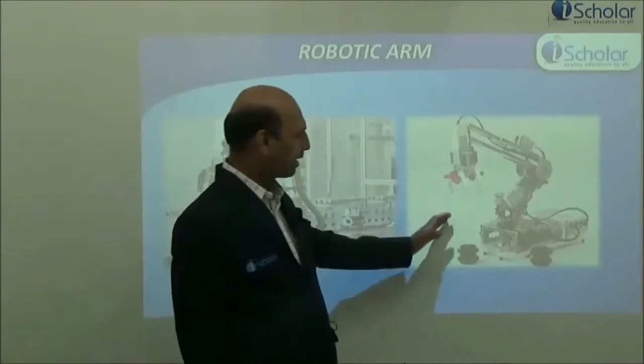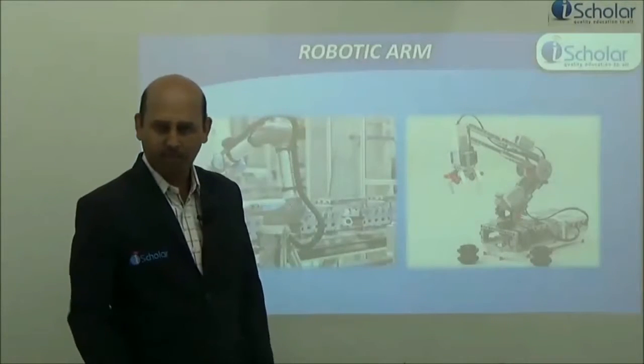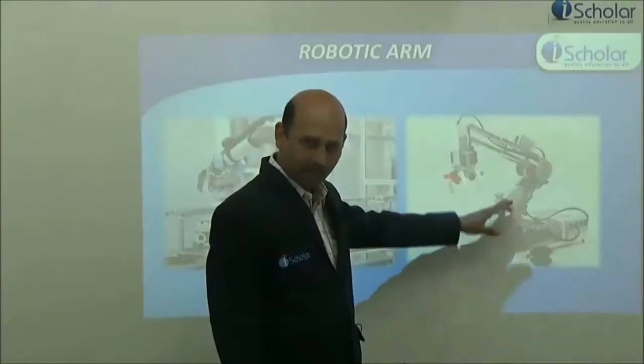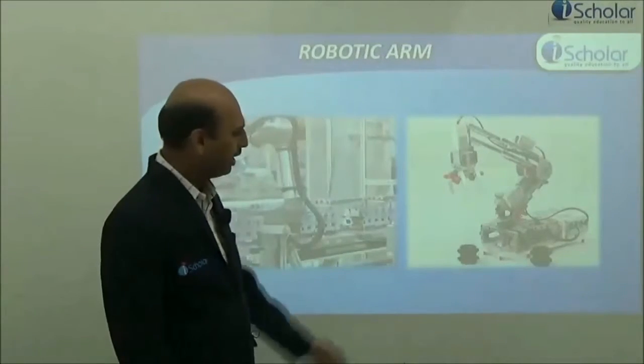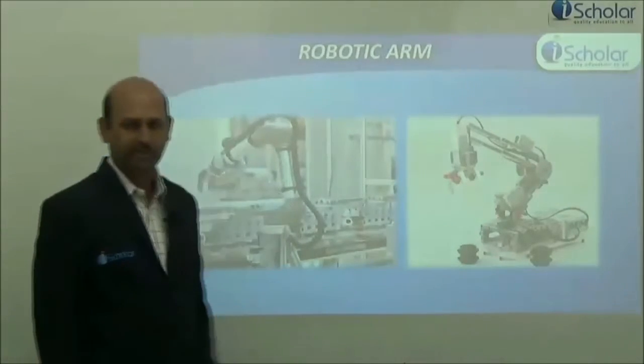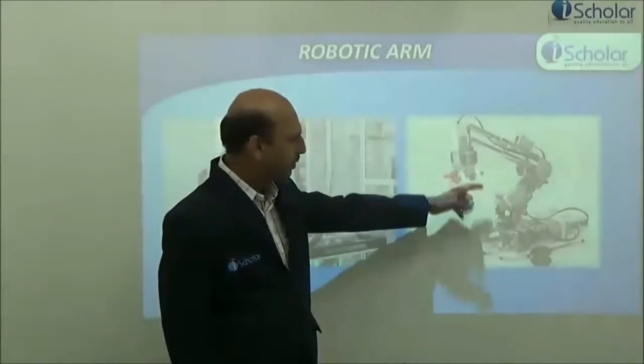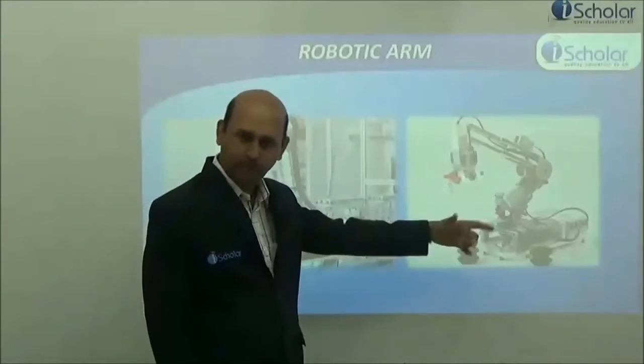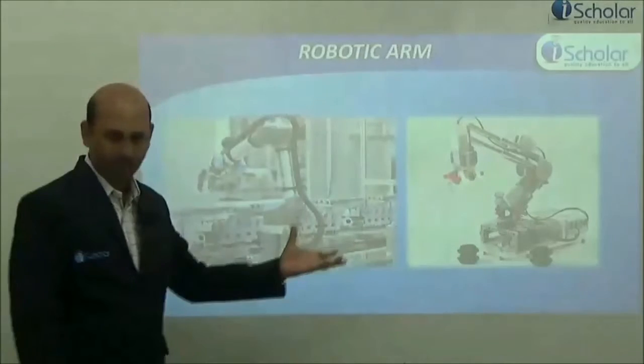A similar model can be built using the EV3 model which you have learned. Once you build it, you will be given an instruction sheet on how to arrange these components, sensors, and motors, and how it is connected to an EV3 brick.